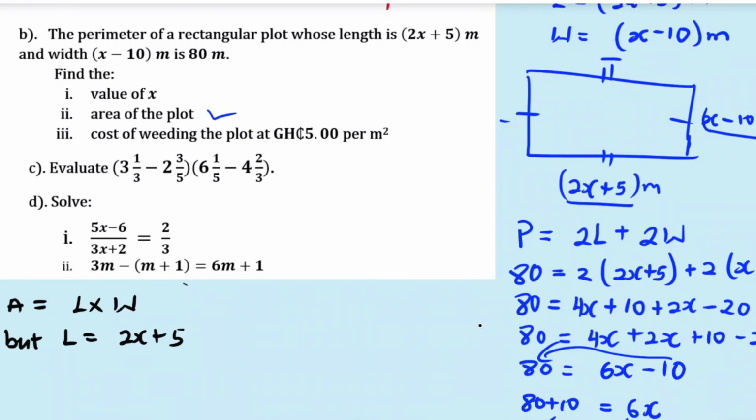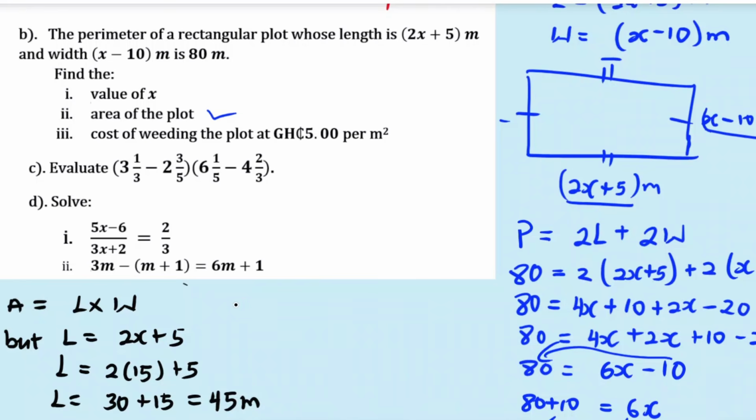Now that we know the value of x, we can find the actual value representing the length. So that's going to be the length equal to 2 times 15 plus 5. So I've just done substitutions here. Whenever I saw x, I just replace it with 15 because x is 15. So that's going to be L equal to 2 times 15 is 30 plus 15. That will give me 45 meters.